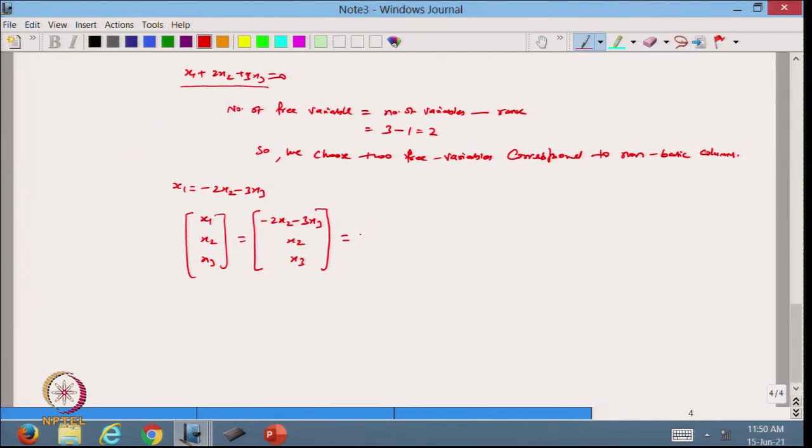Now, this can be written by taking x2 common. So, it is x2 times minus 2 1 0 plus x3 times minus 3 0 1, where x2 and x3 are the free variables and belong to the real line, because we are working with vector spaces over the field of real numbers.